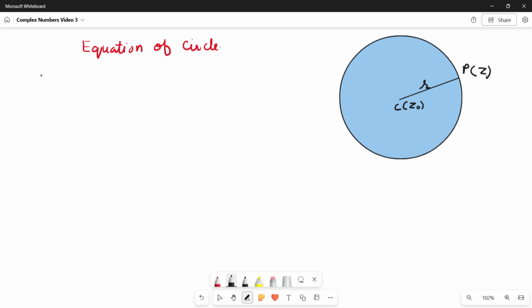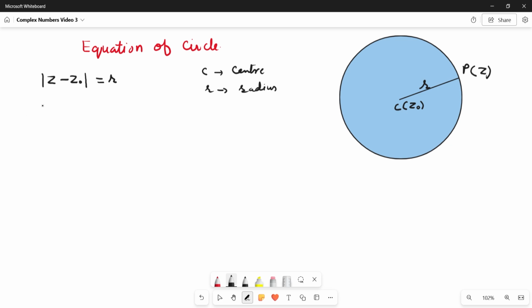Therefore, modulus of z minus z naught is equal to r. Distance is r. This C is center and r is a radius.